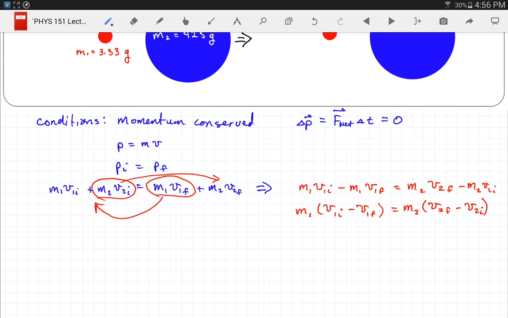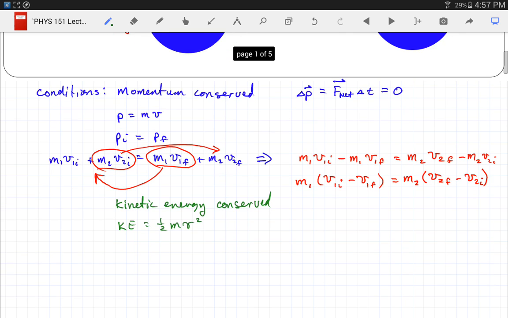And the second condition, maybe I didn't indicate, is kinetic energy conserved. So kinetic energy is 1/2 mass times velocity squared.